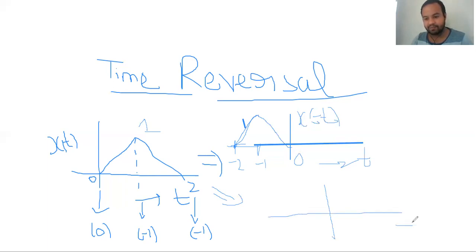You take this axis as a base axis and rotate it 180 degrees anti-clockwise. You rotate 180 degrees anti-clockwise, and what you will get is the line. So this is time reversal.